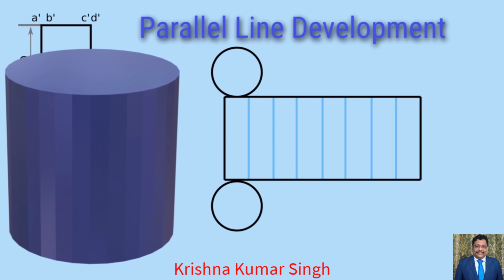But the process of obtaining development of the cylinder is the parallel line method, which is also the same as for a prism. So this is how the parallel line development method is used to develop surfaces of solids composed of straight lines.